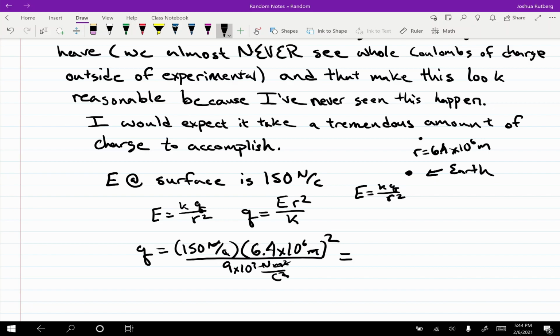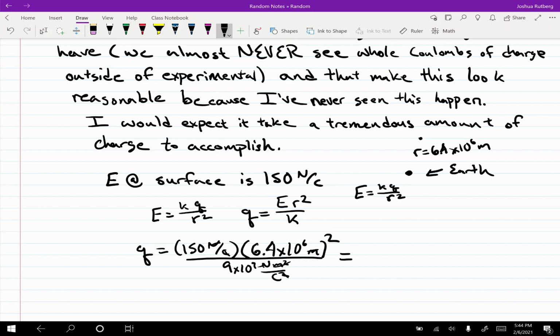So that is 150 times 6.4e6 squared divided by 9e9.